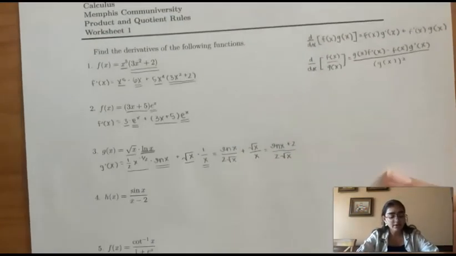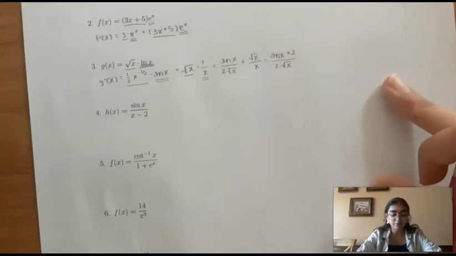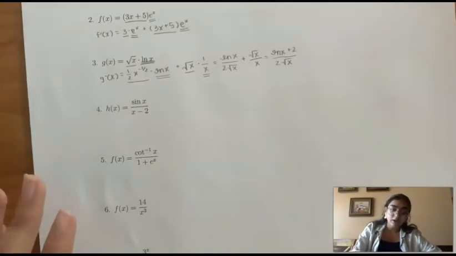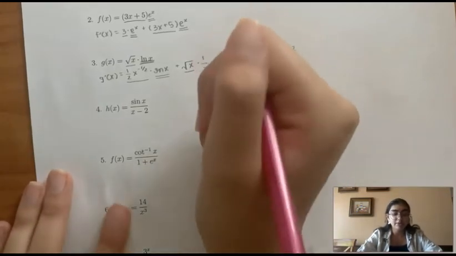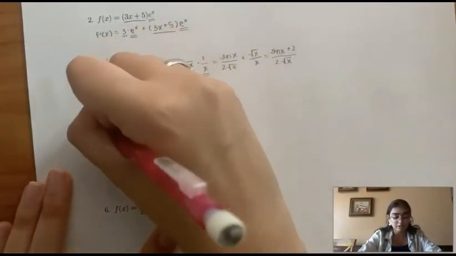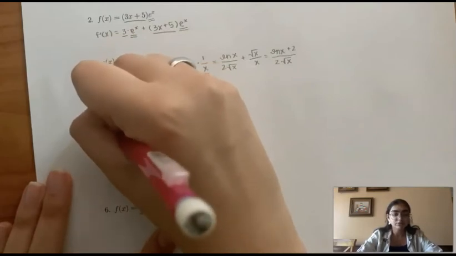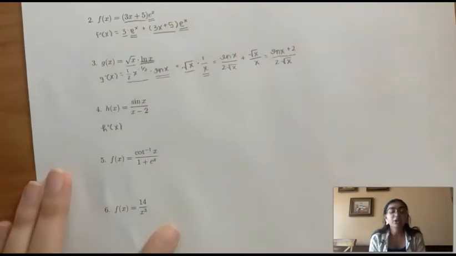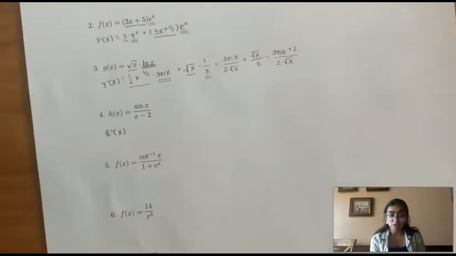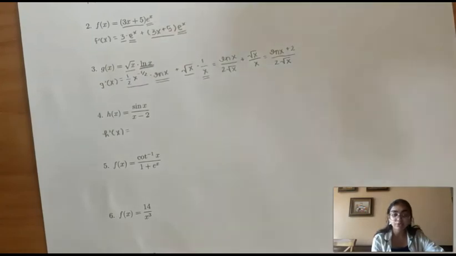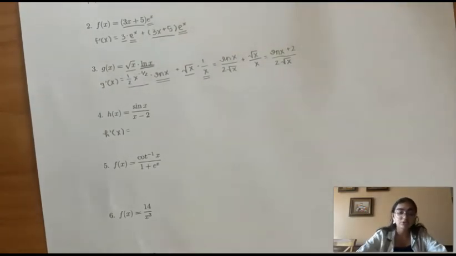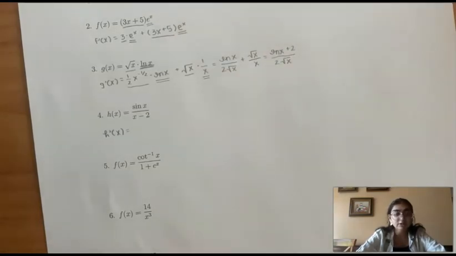All right, and now we have our first problem with the quotient rule. Again, think of the little saying low d high minus high d low over low low. Memorizing that will make this process much easier. So the derivative of h of x is low, so x minus 2, times the derivative of high. So this is a trig derivative, which you just need to memorize.